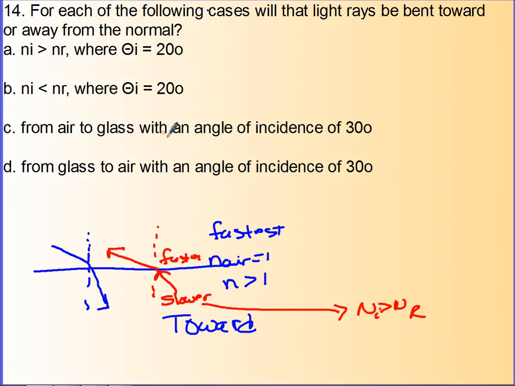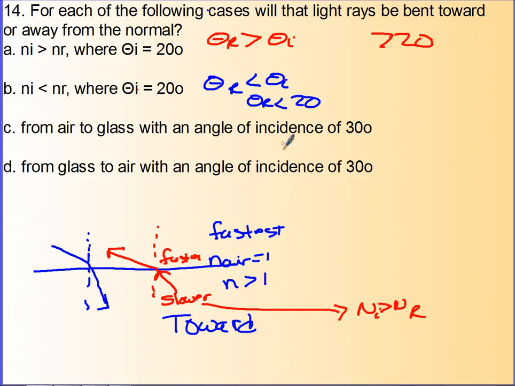All right. If Ni is greater than Nr, then it's going to bend away from the normal. So theta r is going to be greater than theta i. When Ni is less than Nr, that'll be the blue example. And then theta r is less than theta i, so theta r is going to be less than 20, where up here it's greater than 20.